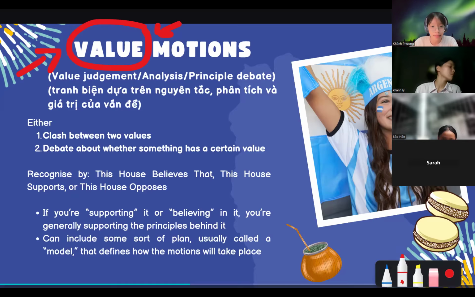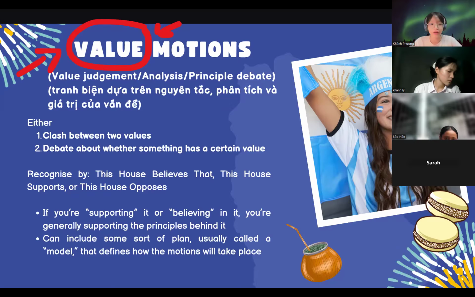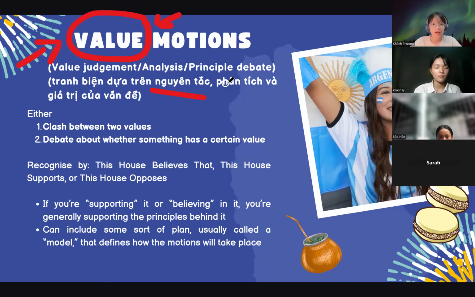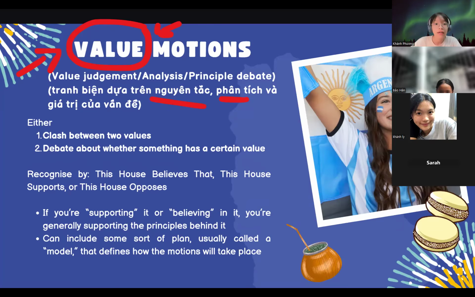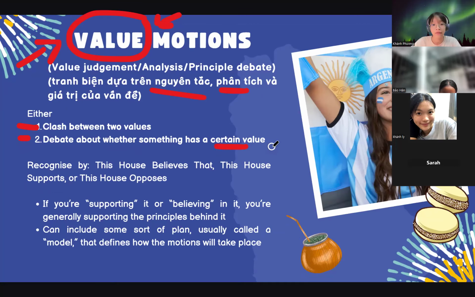So we have many names for this, but we call it value. And value is basically giá trị, right? It is based on principle, like nguyên tắc, or analysis. So the meaning is on the screen. So it's either number one, you have a clash, like we learned about clash, a clash between two values, which Sarah just said, or we debate about whether something has a certain value.